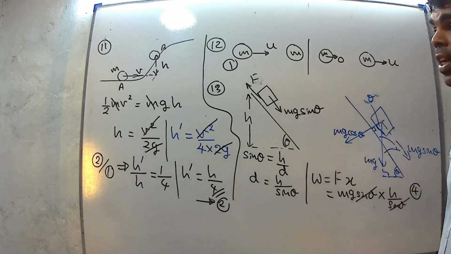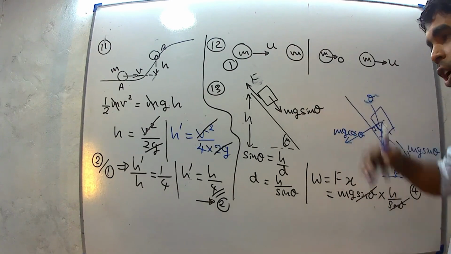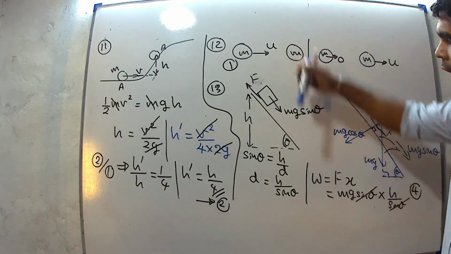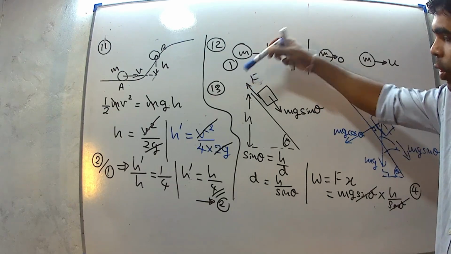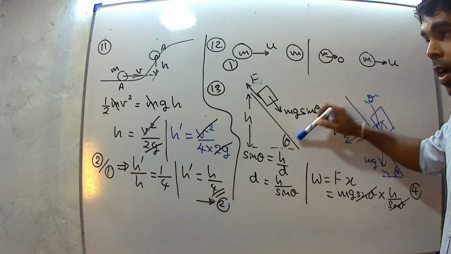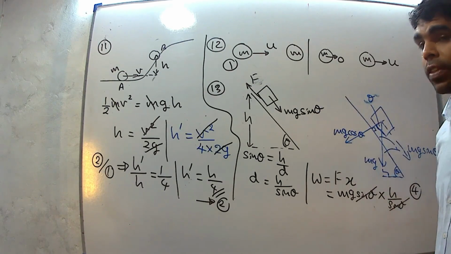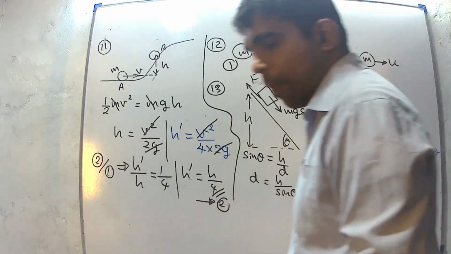Kinetic energy is constant because the object is moving with a constant velocity. Therefore, the potential energy at this point should be lost by work done against friction.